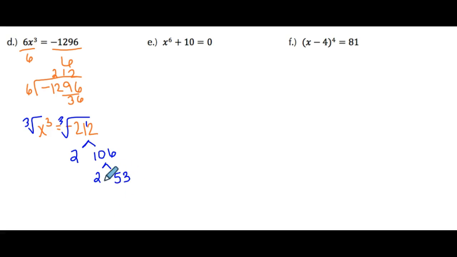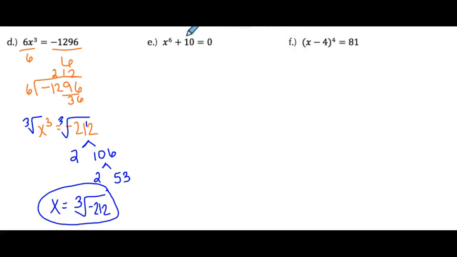And then I know that, well, there's not really much I can do with 53. 53 doesn't break down. 2 doesn't work, 3 doesn't work, 4 doesn't work, 5. So it most likely is a prime number, which means that x would be equal to the cube root of negative 212. And because it doesn't break down, because I don't have a full group of 3, I'm just going to leave it like that.